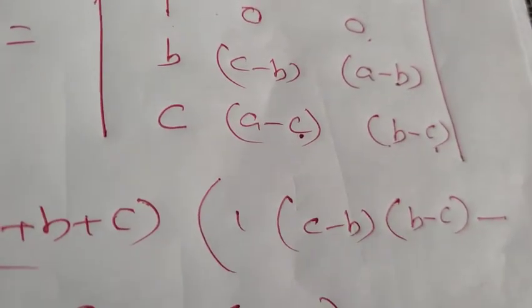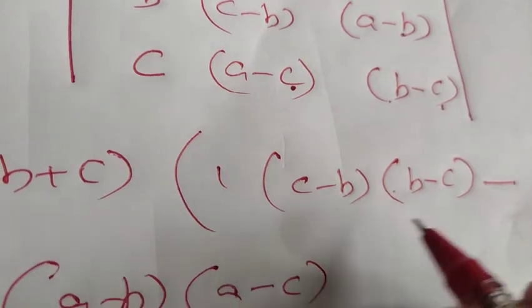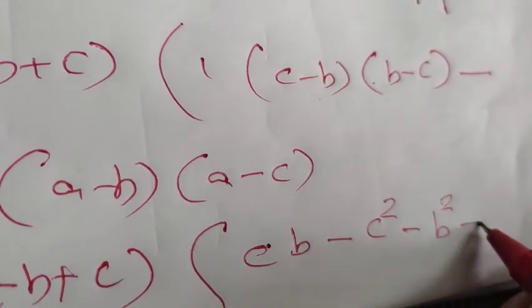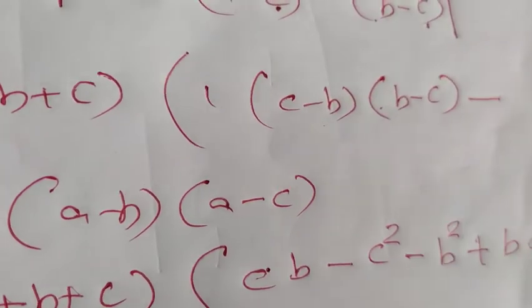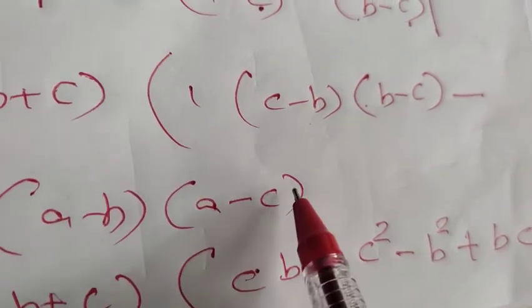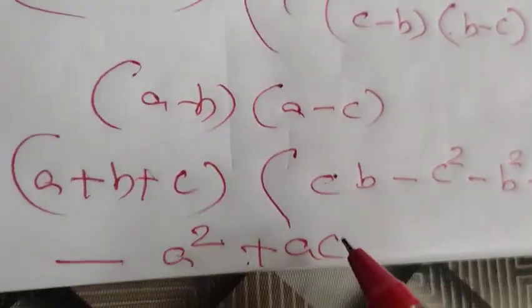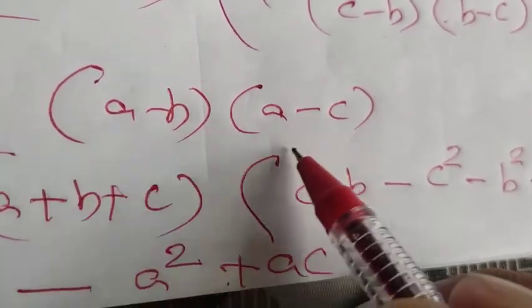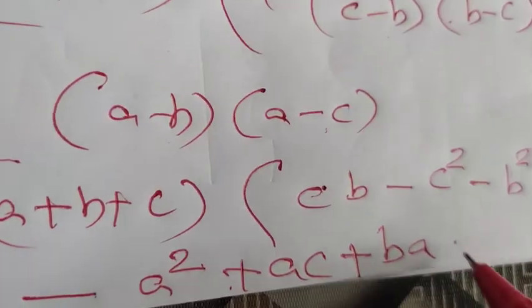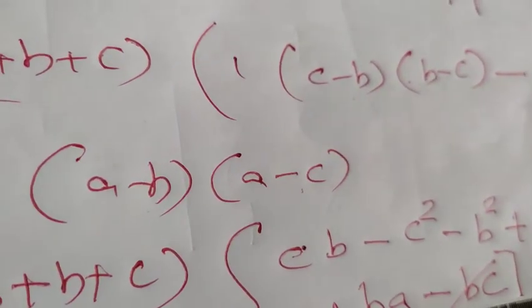we can now expand: cb minus c squared minus b squared plus bc, minus a squared, plus ac, minus into minus is plus ac, then plus ba, minus into minus will be plus bc, and minus bc, so this will cancel out.